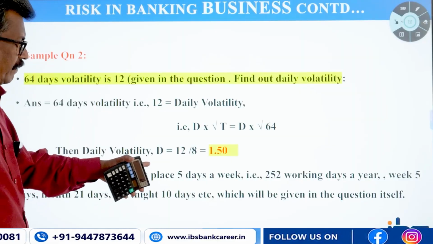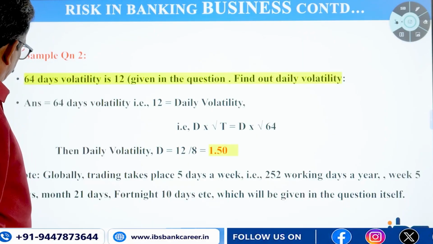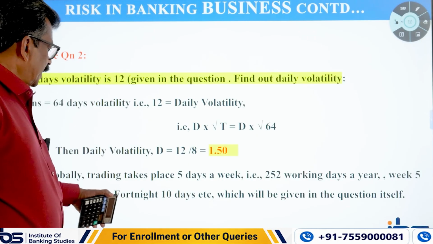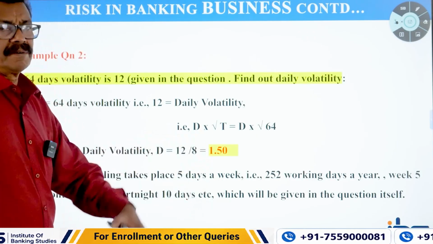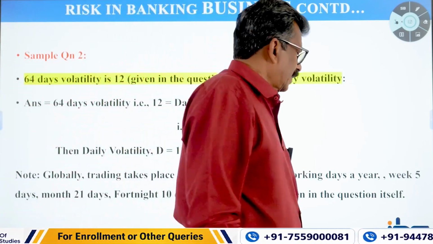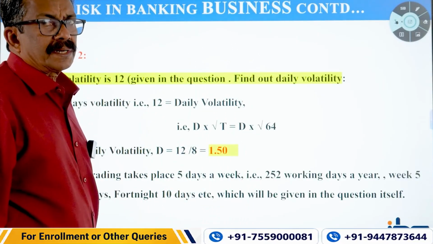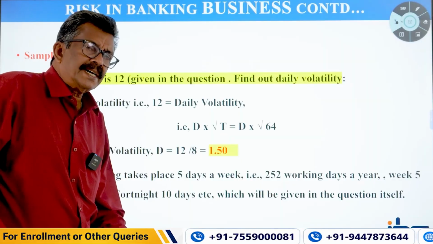Globally, trading takes place 5 days a week, 252 days a year, 5 days a week, 21 days a month, 10 days a fortnight, etc., which will be given in the question. So it is not 364 or 365 calendar days. It will be based on the working days globally, the days on which trading takes place.